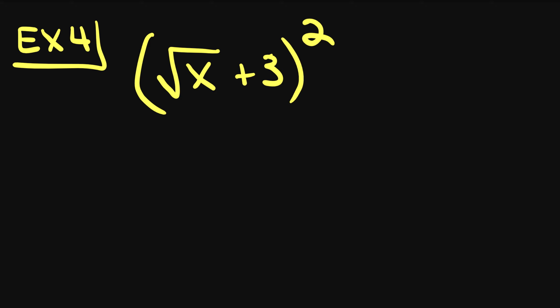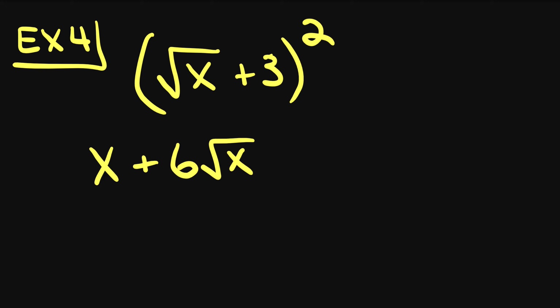So when I have a binomial squared, I can do the shortcut way by squaring the first term, which would give me x, then multiplying the 3 numbers that you see that are visible. That means 2 times 3 times the square root of x, which would be plus 6 square root of x. Just multiplying these 3 together. That's all you see in the problem.